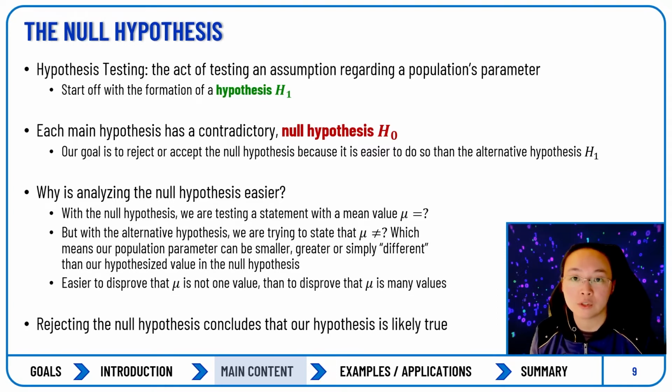So mu is equal to this, as a value that isn't suitable. That means it's easier to disprove that mu is one value than to disprove that mu is many values. So rejecting the null hypothesis usually concludes that our hypothesis is likely true. And the stronger you can reject the null hypothesis, the more confident you are in accepting the real hypothesis that you set out at the beginning.